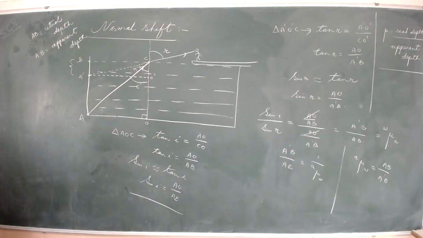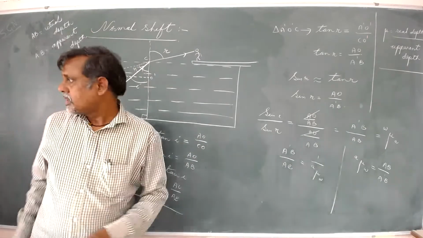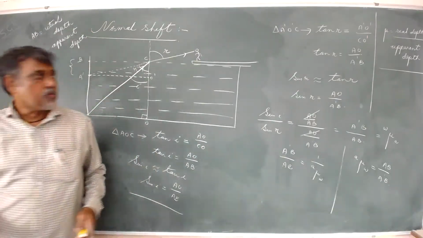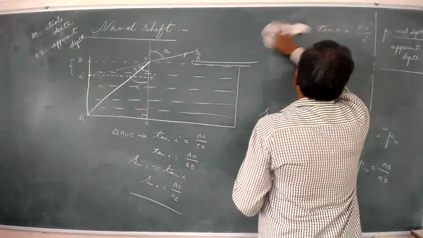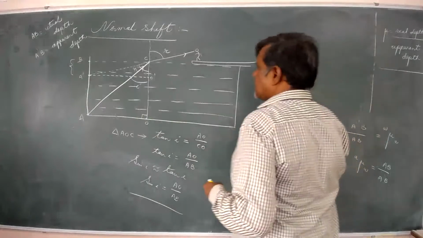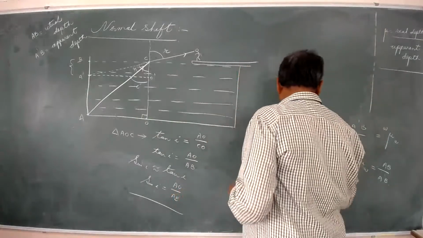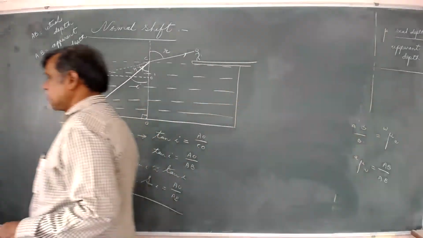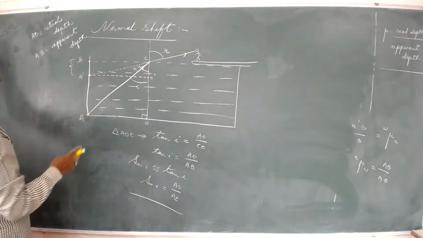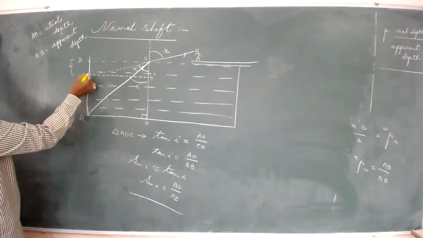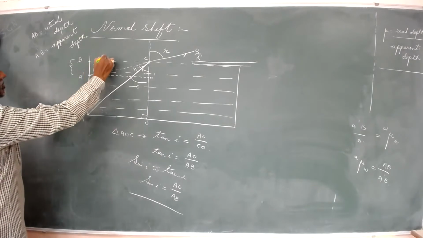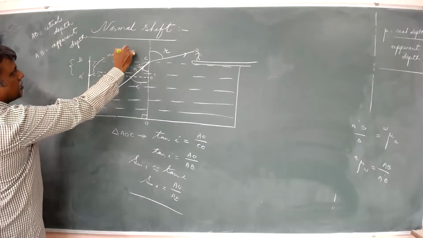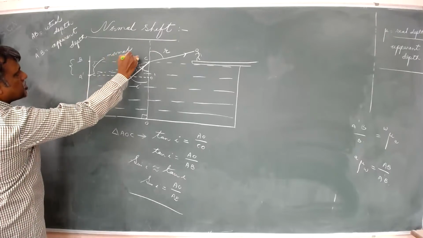Next, now we need to take up this normal shift. So what do you mean by normal shift here? Look at the diagram itself. This A got shifted here. Am I correct? So that becomes the normal shift.